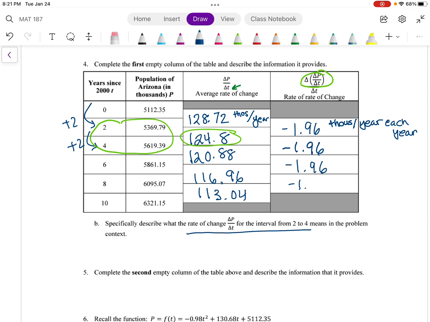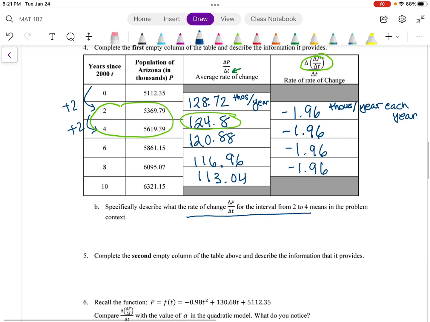agrees with what we sort of know about quadratic functions, and that the rate of the rate should be a constant value. And so what this information is telling me is, since this is negative, I know that my rate is decreasing each year.